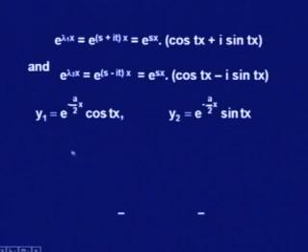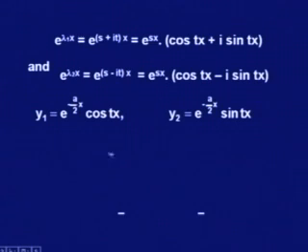We can check again that they are linearly independent, because if I take the ratio y 1 upon y 2, I will get cos t x upon sin t x, that is cotangent t x, which is a function of x, not 0 or not a constant.